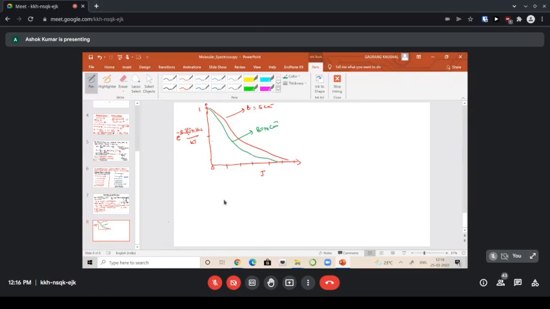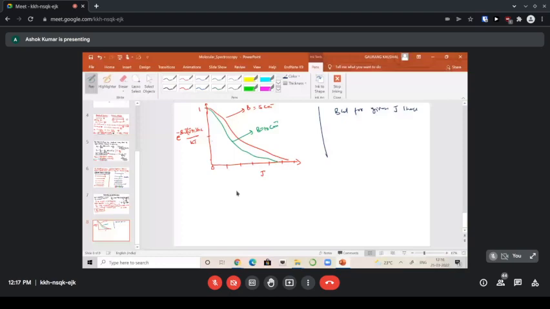For a given value of J, there are 2J plus 1 degenerate levels, similar to the orbital angular momentum. For a given value of L, there are 2L plus 1 different values.